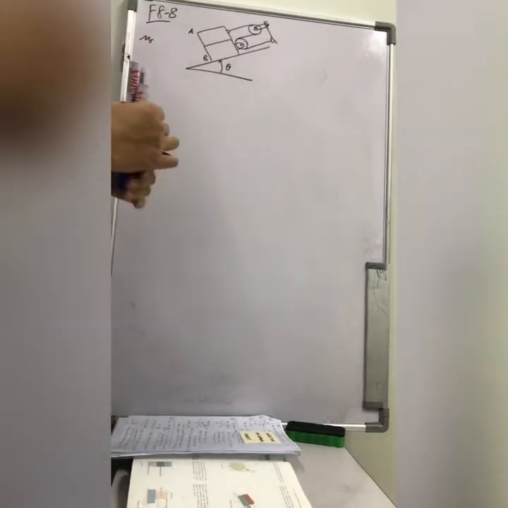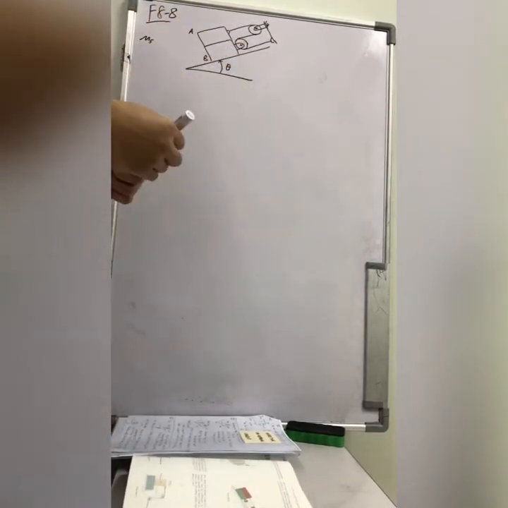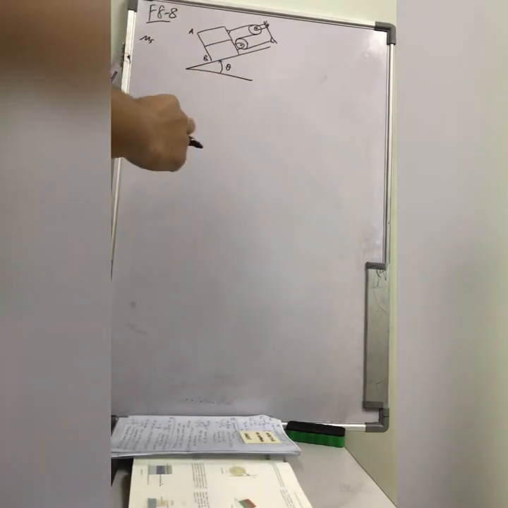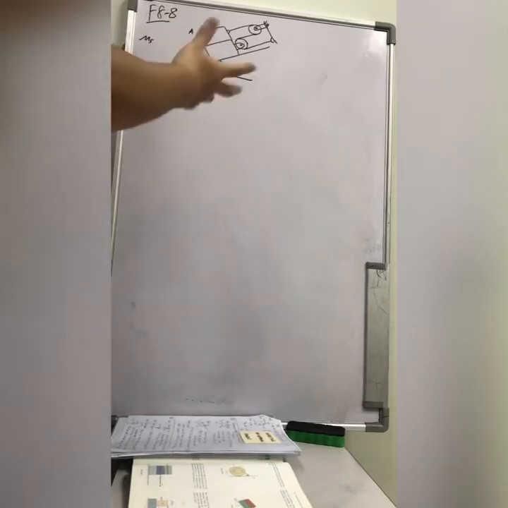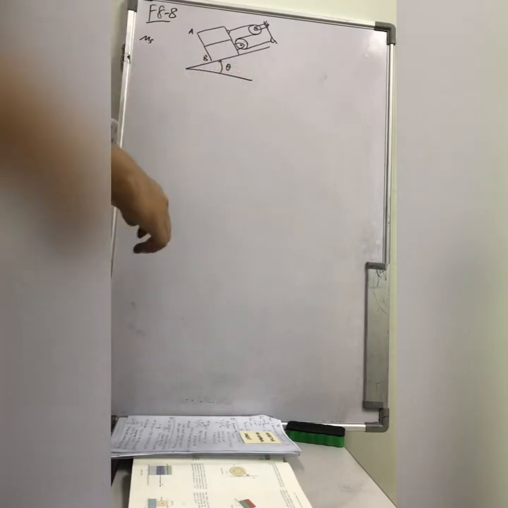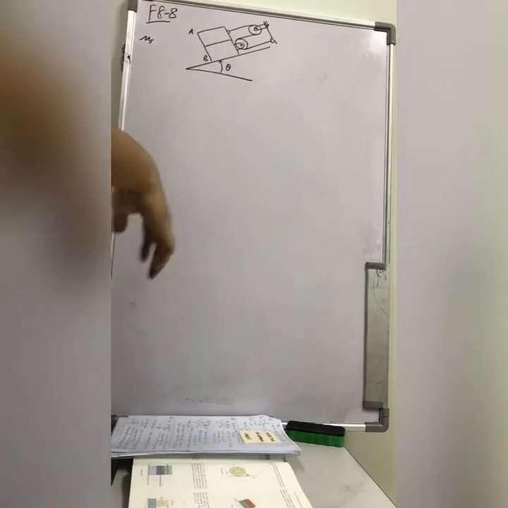That's what we discussed in the lecture about the experiment to determine this mu s, the coefficient of static friction, experimentally. But now we want to find the relation between mu s and theta, I mean, what is theta at which this happens?